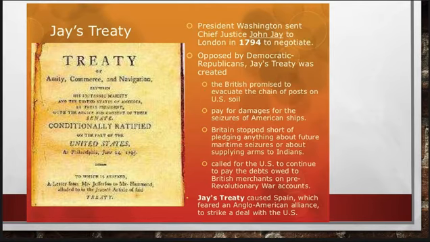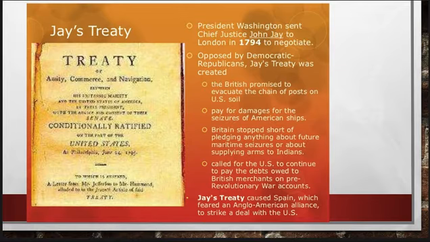The Jeffersonians were very unhappy over the choice of John Jay because they feared that he would sell out our country to the British because he was an Anglophile, a lover of the British, whereas Thomas Jefferson was a Francophile, a lover of the French.